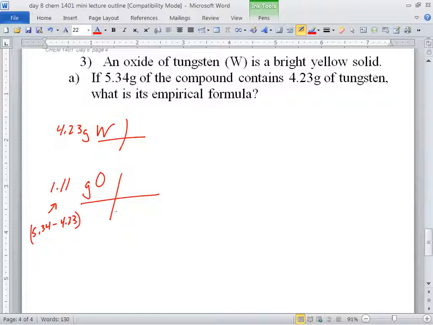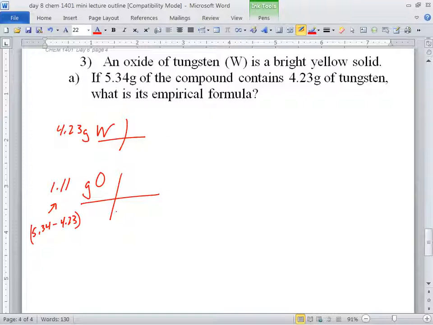Because it says that it's an oxide of tungsten, it means the final answer is going to be W something O something, with little subscripts. So all you have is W and O. Well, if you have 4.23 of the W, the rest has to be with the O. See where this came from?